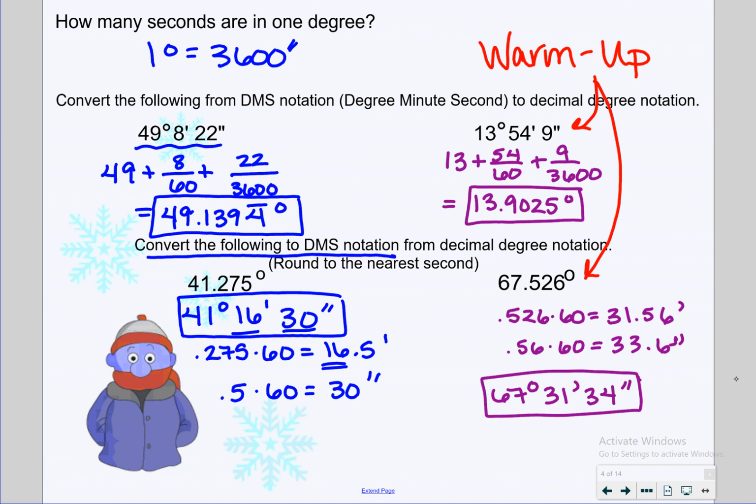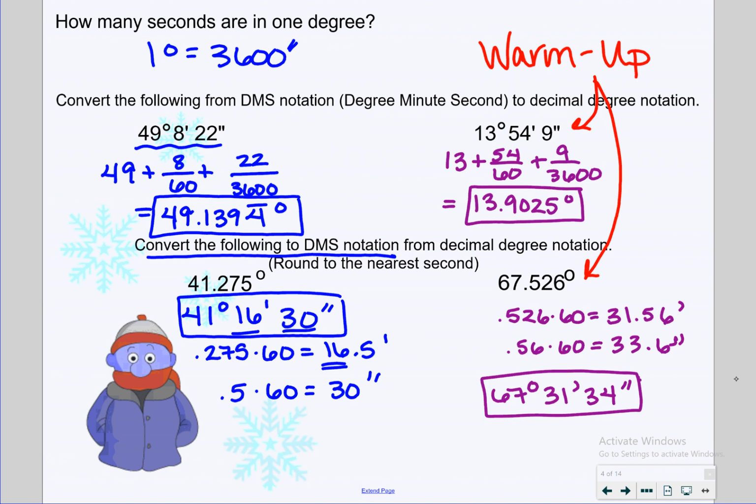All right, so working answers for these guys. Remember, these are equivalent ways to write the same degree measure. So when we see 67.526, that's the same as saying 67 degrees, 31 minutes, 34 seconds.